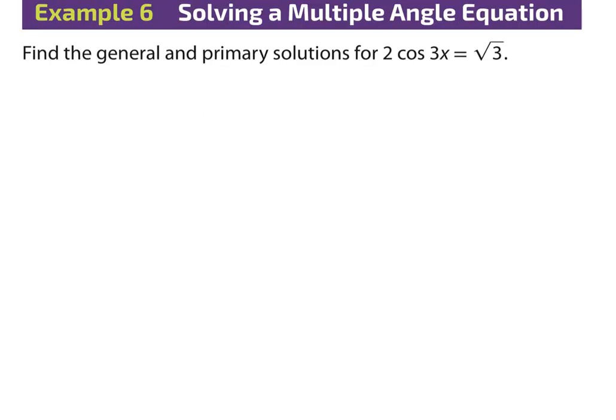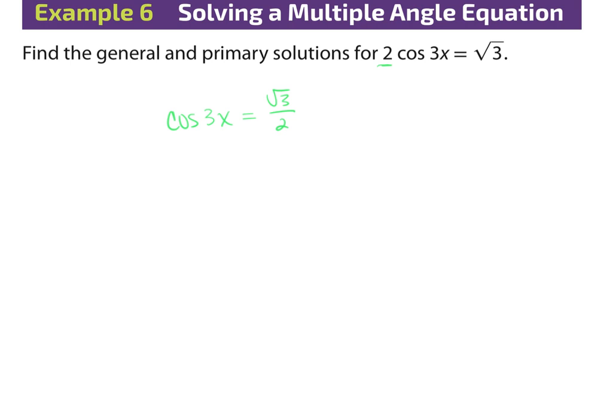So in this case, once again, we are trying to isolate my trig function. This one's rather simple to isolate. I just have a 2 being multiplied in front of it. So the cosine of 3x equals the square root of 3 over 2. Here's the thing. I have this variable within my trig function.